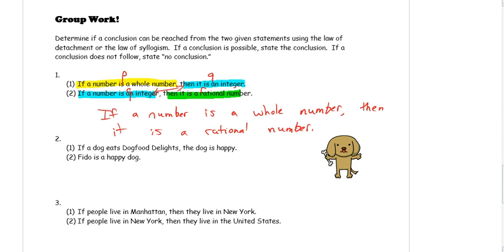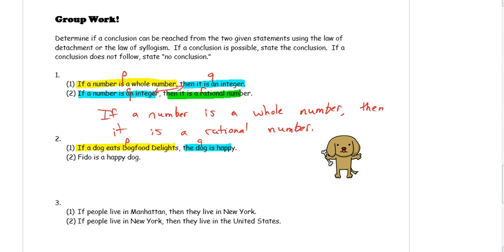Okay? If we look at our next example, if a dog eats Dog Food Delights, the dog is happy. Fido is a happy dog. Okay, so now we have no connecting piece. We have if P, then Q, but now this next piece we would need is the dog is happy, then something happens.